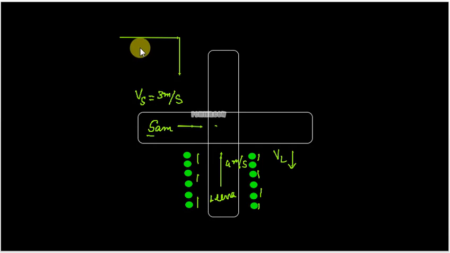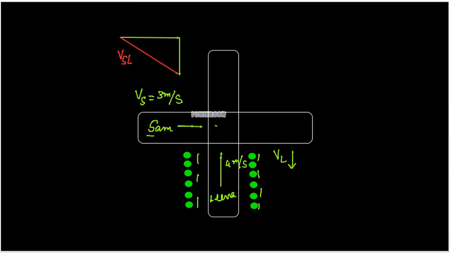So for Lena, this guy Sam appears to be coming along this direction. Right? So this is the relative velocity of Sam with respect to Lena.